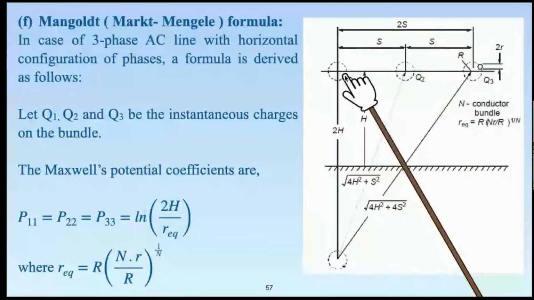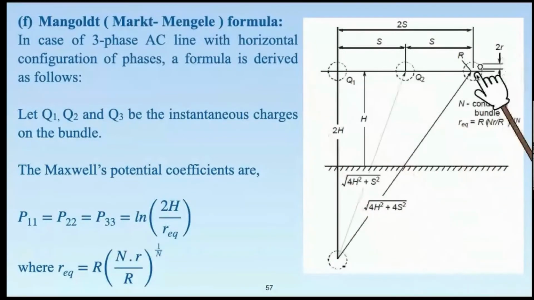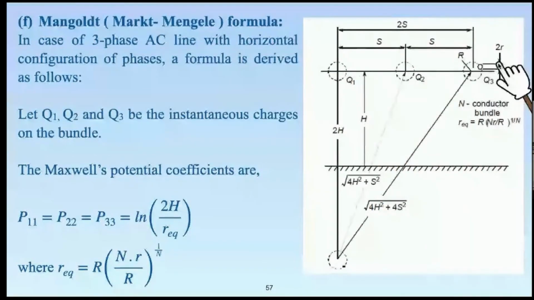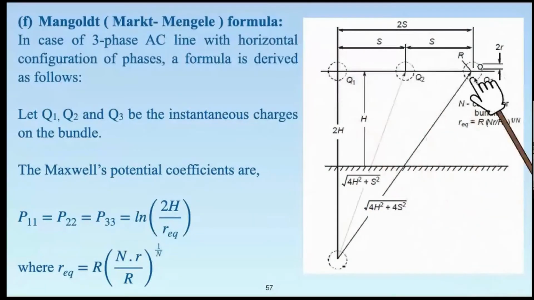So like here, Q1 and Q3, three conductors are there. Q1 and Q3 are symmetrically located with respect to Q2. One is on the left and other is on the right. So we try to find out the electric stress on the surface of outer phases. These are outer phases, Q1 and Q3, outer with respect to the overall configuration.